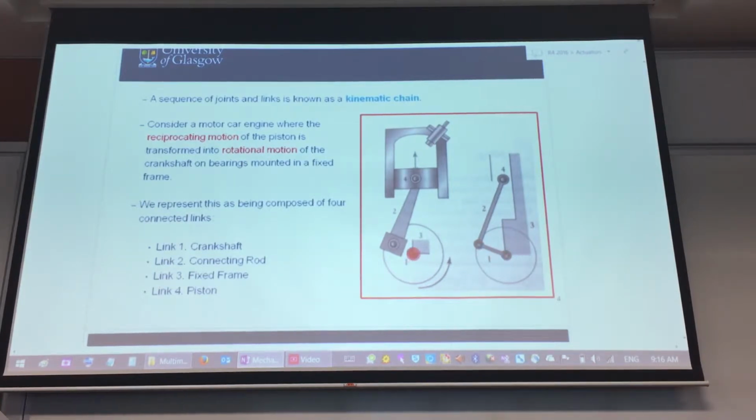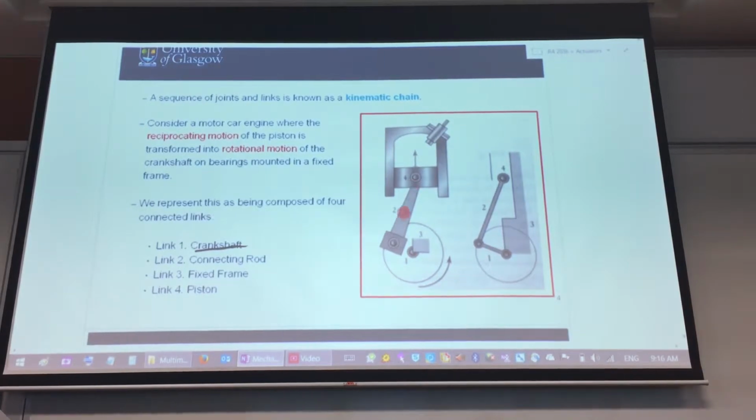So there will be a link from this center part of that rotating disc joined to this other part of this link. So there's one, which is your crankshaft. So crankshaft is where you have the shaft part that controls the timing of all these linkages.